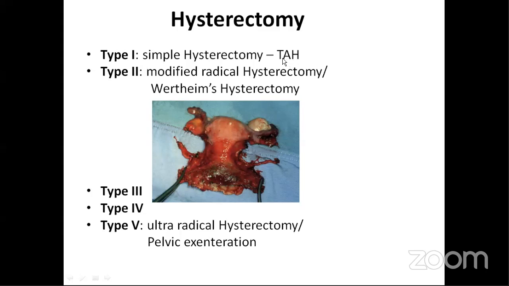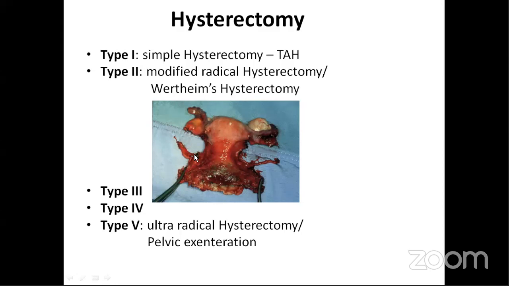That is total abdominal hysterectomy. Now when doing hysterectomy, if the cervix is left behind, it is called subtotal hysterectomy, wherein stump carcinomas are very common. Okay, now next is type 2, which is modified radical hysterectomy or Wertheim's hysterectomy.